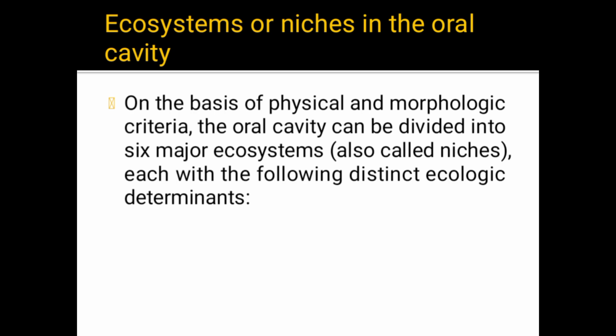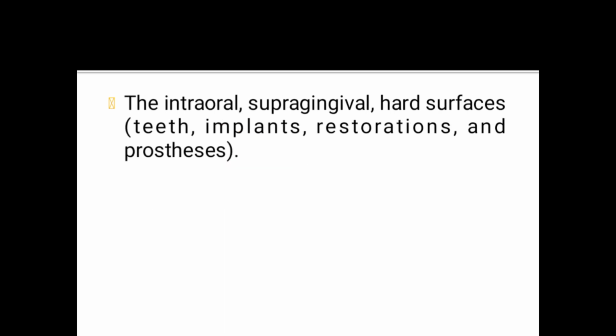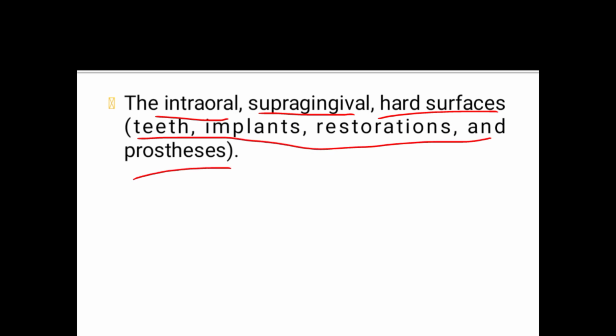Now, moving towards the ecosystems or niches in the oral cavity. On the basis of their physical and morphological criteria, the oral cavity has six major ecosystems, called six niches, with distinct ecologic determinants. First, intraoral, inside the mouth, supragingival, and hard surfaces like teeth, implants, restorations, and prostheses.